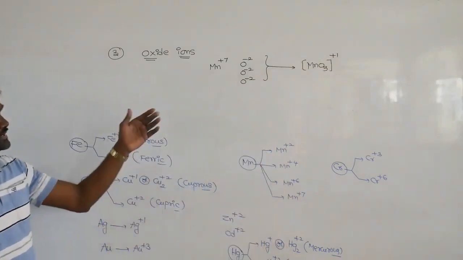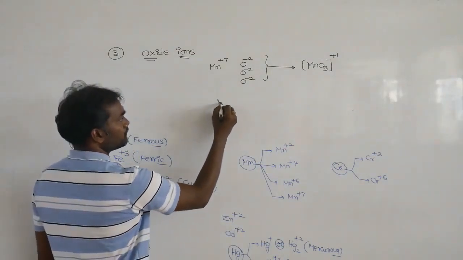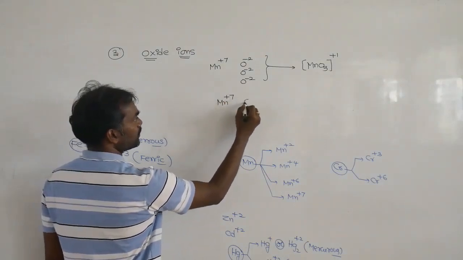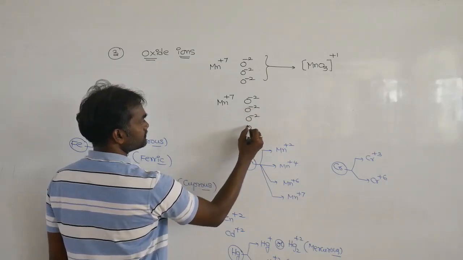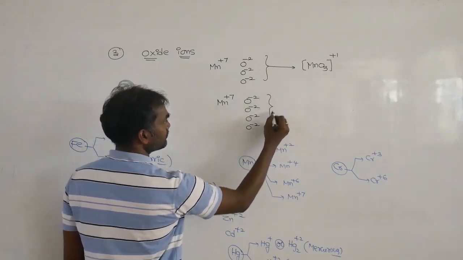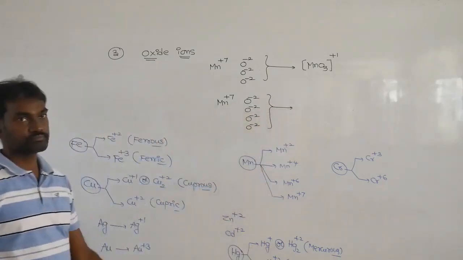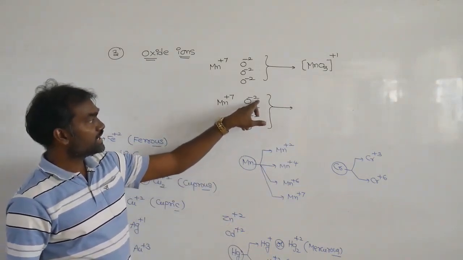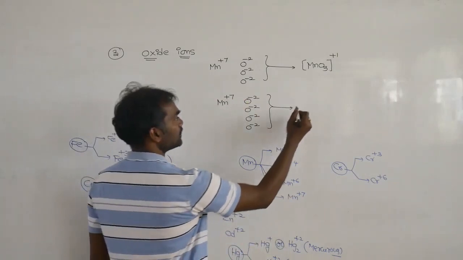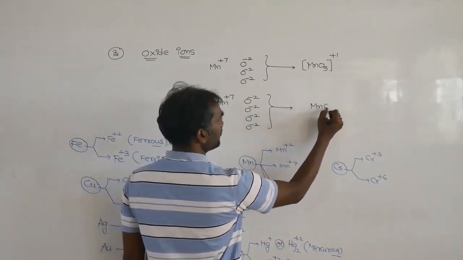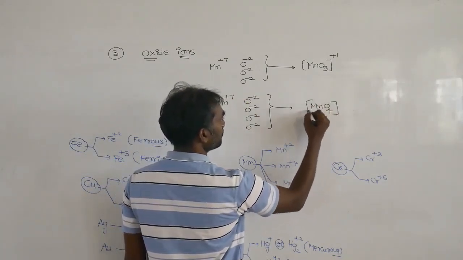Okay. Suppose I am taking manganese plus 7. 4 oxygens I am taking. So then what happens? So here 4 2s are 8. Here 7 only neutralized, 1 minus extra. So that's why you write MnO4 minus 1.